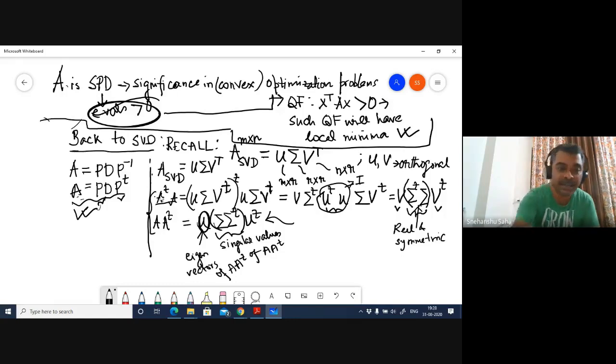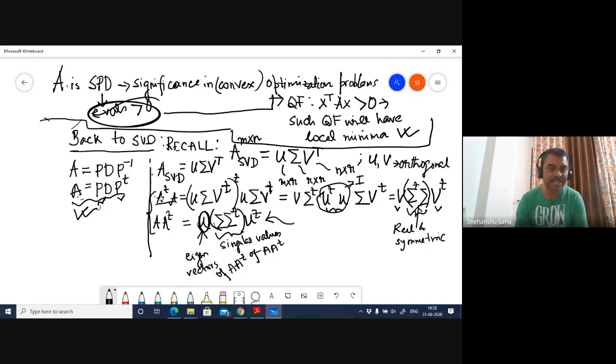Now, in a singular value decomposition, we have to be able to compute the eigenvalues of some matrix, and that matrix is given to us by A transpose A or AA transpose.